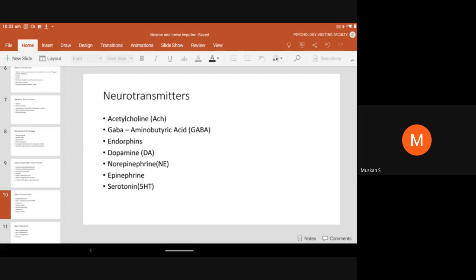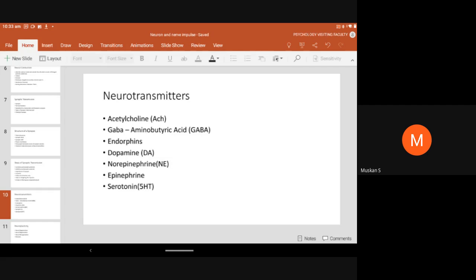Then comes the dopamine or DA. So its function is to control voluntary movements of the body and affects things like attention, like learning, like reinforcement and pleasure.